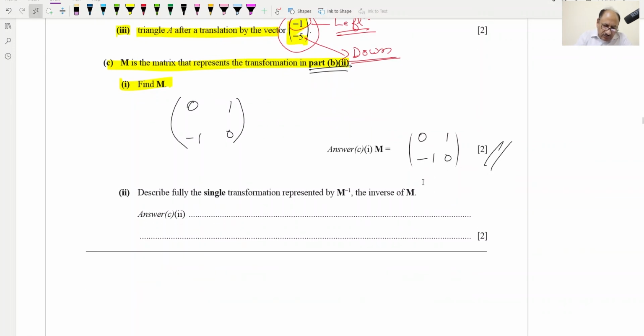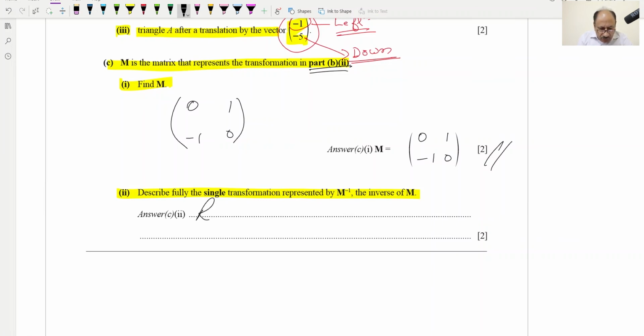Describe fully the single transformation that is represented by M inverse, the inverse of M. So that will be what? Rotation 90 degree anti-clockwise about the origin. That will be the inverse of that one.